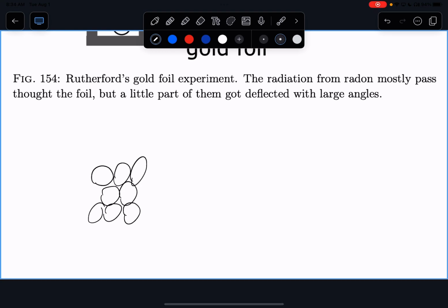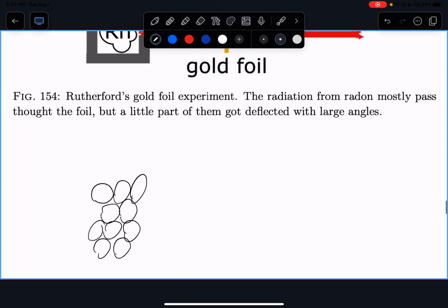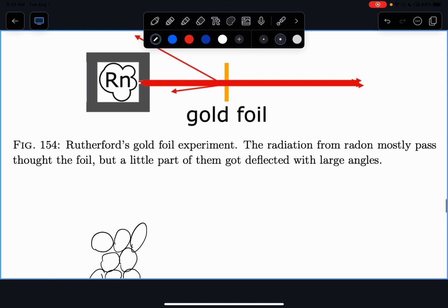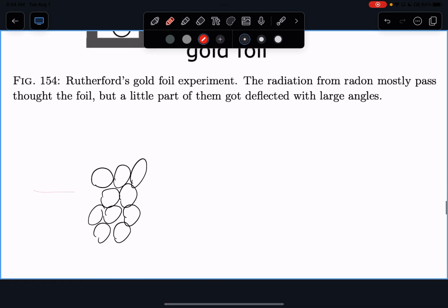We want to study the structure of atoms, so it's a good idea to have only a few layers of atoms. Now, what happens is that when you blast this gold foil with radiation, you see that most of the radiation just passes through. But some of it will bounce back with a big angle.